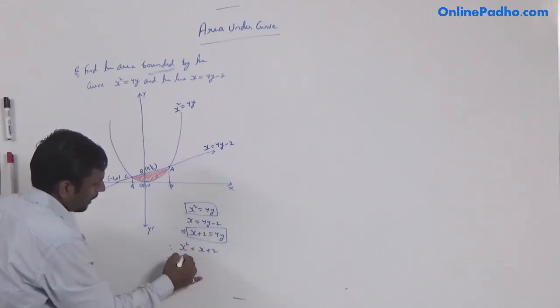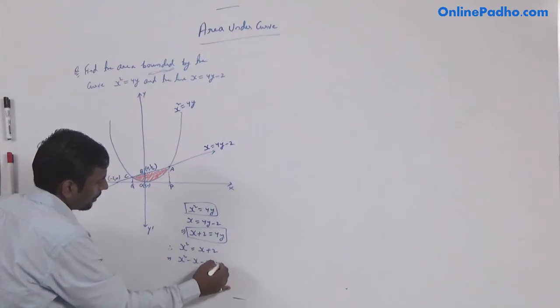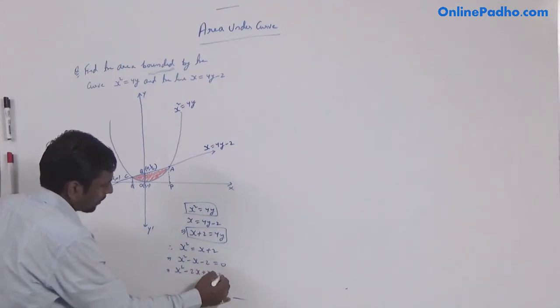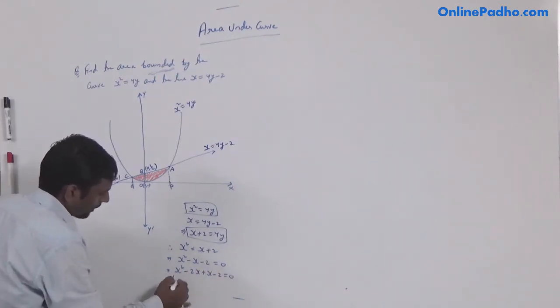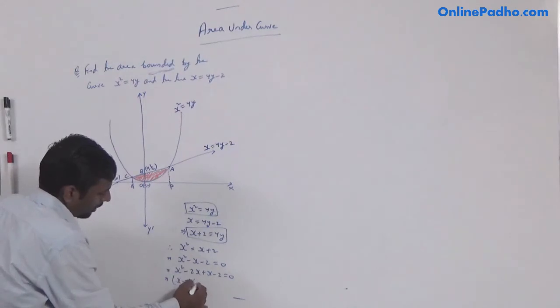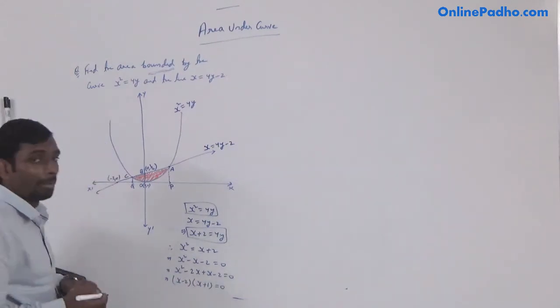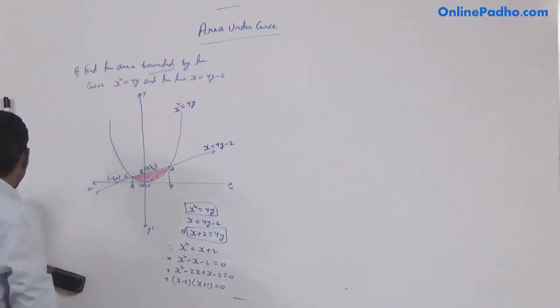You will get x square minus x minus 2 equal to 0. Now we can find the value of x here. x square minus 2x plus x minus 2 equal to 0. You will get two factors, x minus 2 and x plus 1 equal to 0. Now x equal to what? 2 and minus 1.